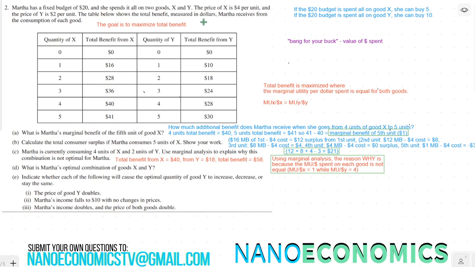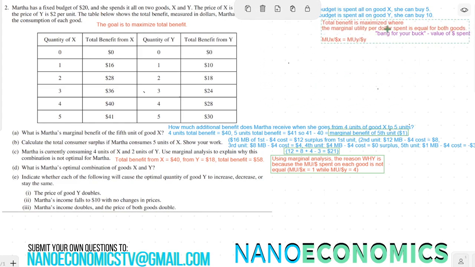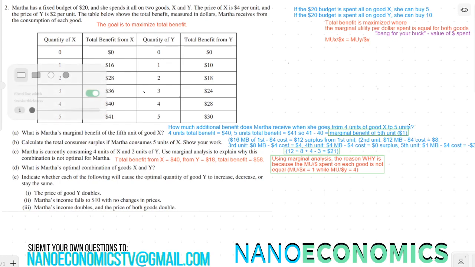And so what I want to do real quickly is add a column here.